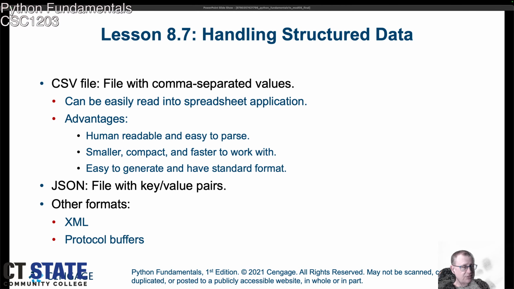There are some specific file types that are good to use: CSV, JSON, XML, protocol buffers. CSV and JSON are probably the most useful. CSV is great because you can make a file that a spreadsheet can then read.